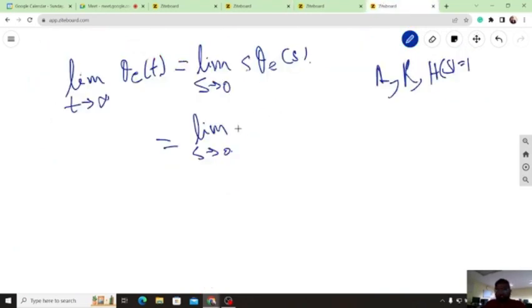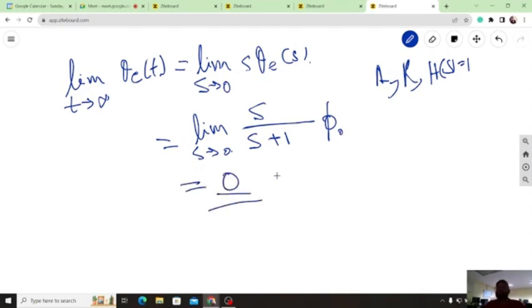If I put all these values here, this simplifies to s over s plus 1 into phi 0, and it is equal to 0. So this is the answer.